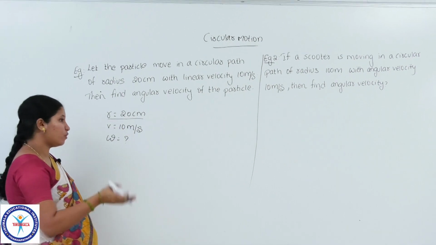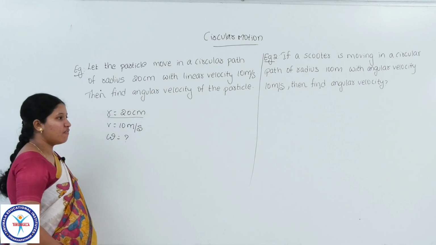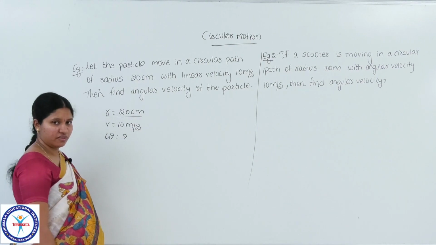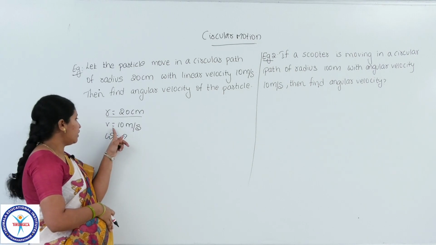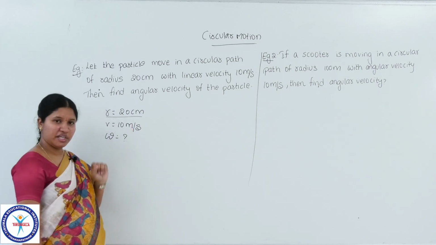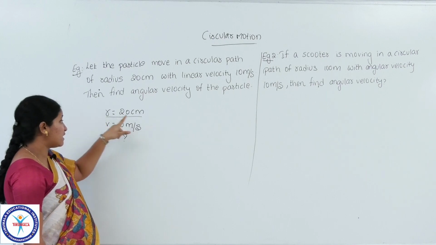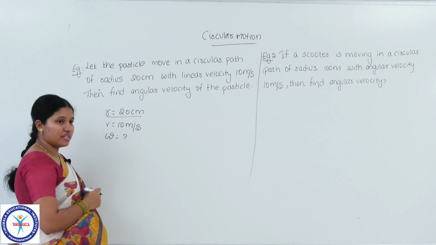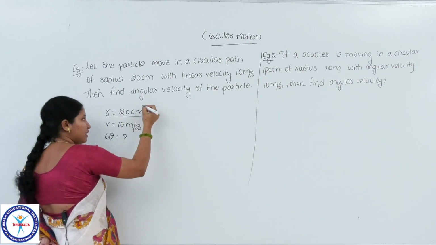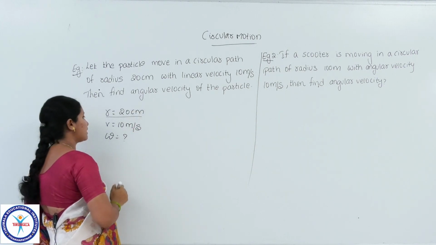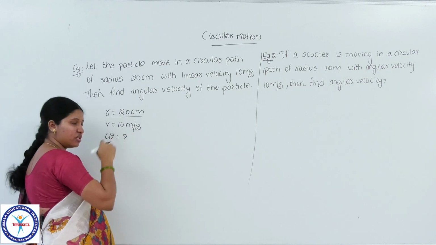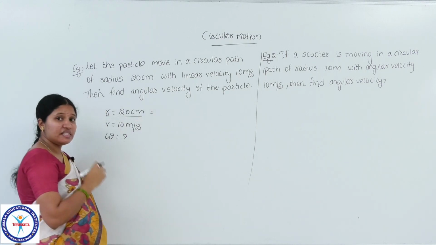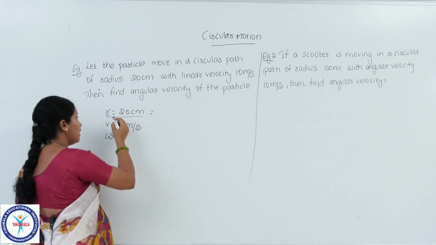Before solving for omega, observe the units of radius and linear velocity given. The SI unit of linear velocity is meter by second, but the radius is given in CGS units. So to solve the problem in physics, either we must convert the radius into SI units or the linear velocity into CGS units. So let us convert the radius from CGS units into SI units.